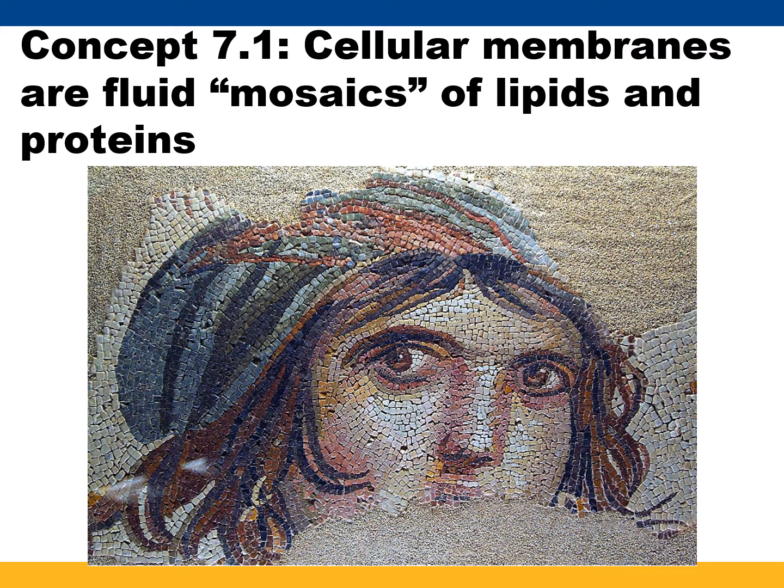And that is equally applicable to the fluid membrane of a cell. It has different kinds of phospholipids, different kinds of proteins, different kinds of molecules that give that membrane unique characteristics and functional ability.